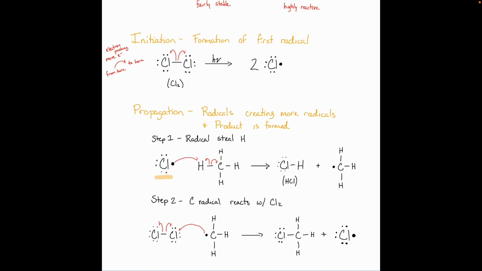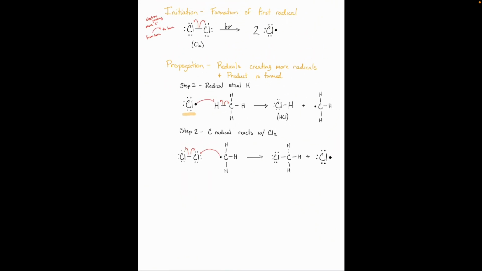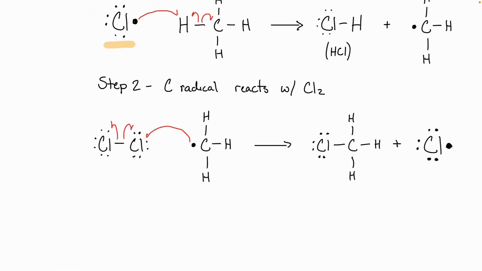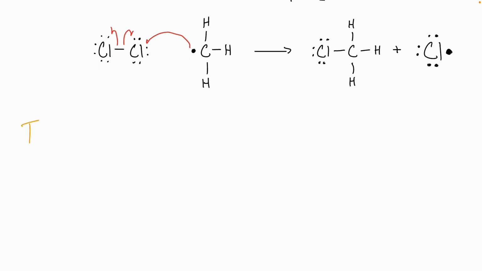Okay, let me make more room here. Okay, and then the last step is sort of what finishes it all off, what's called the termination step. And this is when two radicals find one another.